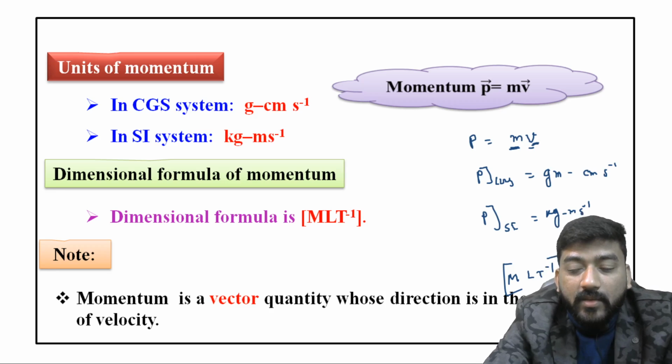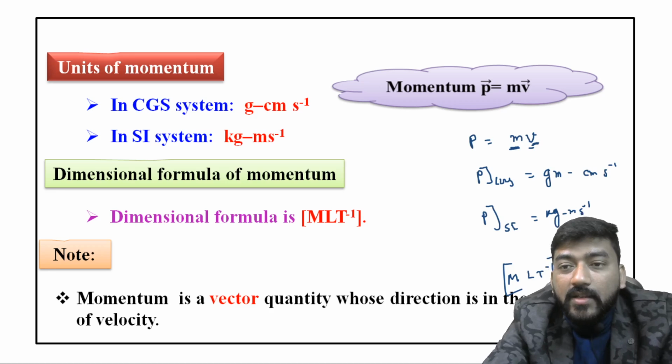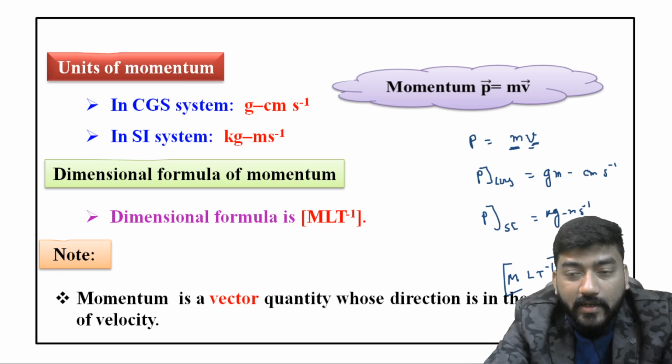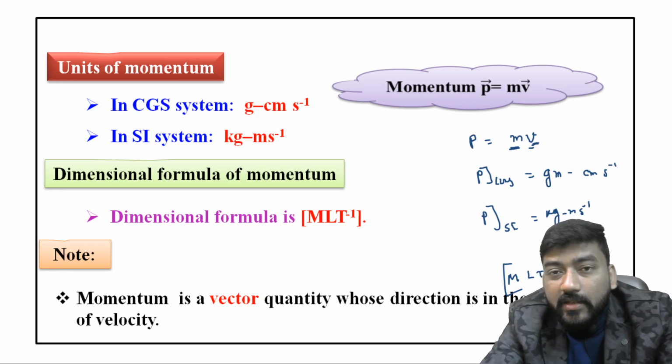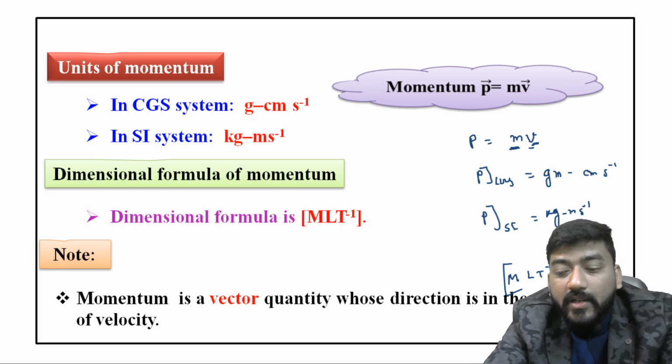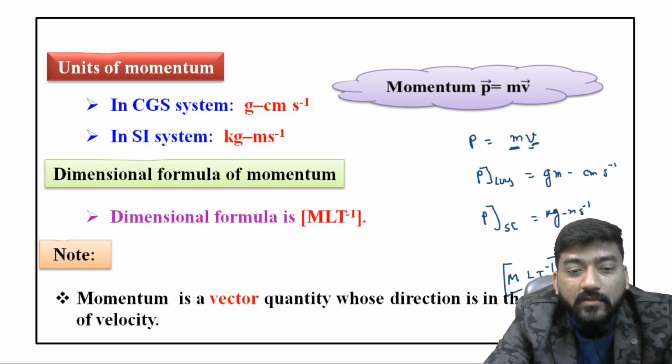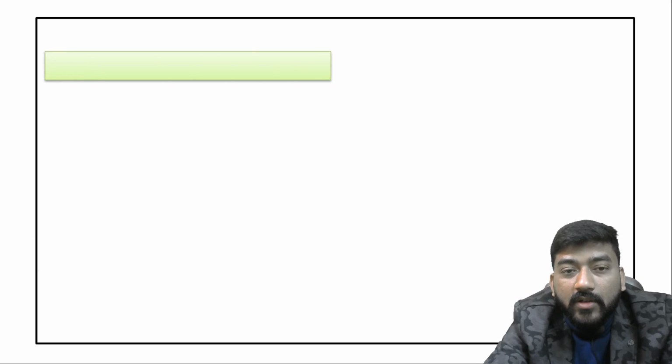Because m is a scalar quantity, it will just increase the magnitude of the momentum if you increase m, but it can't change the direction of p. But if you change the direction of v, then automatically the direction of momentum will be changed. Okay, so these are the basic things about momentum.